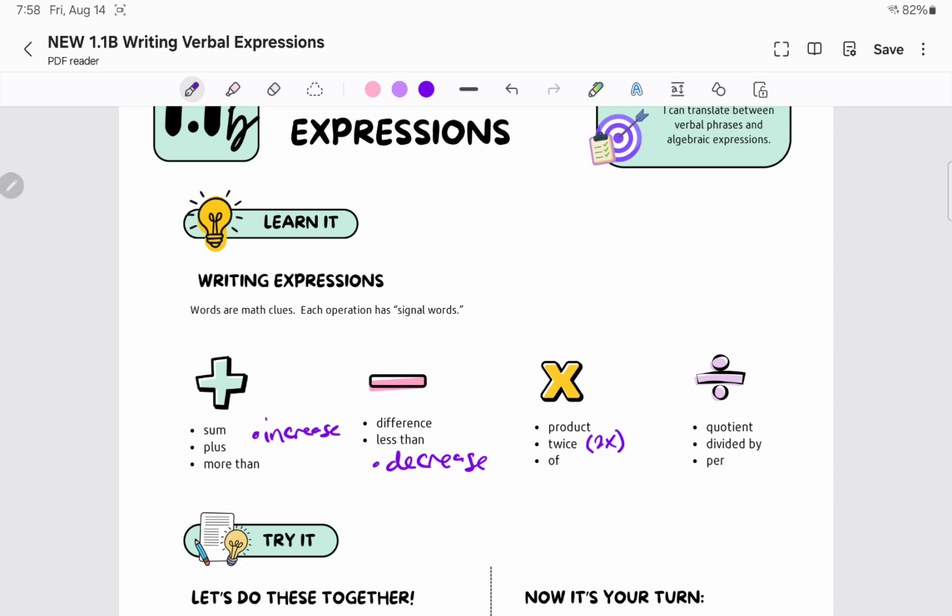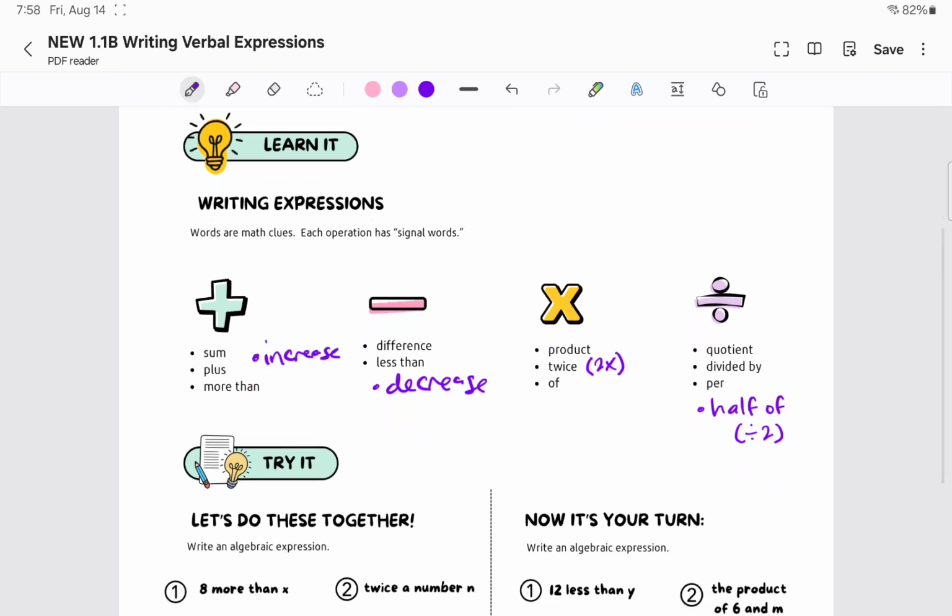So those all indicate multiplying or times. And then quotient, divided by, per, we can even add half of, because that's going to mean dividing by 2. So those all indicate dividing.